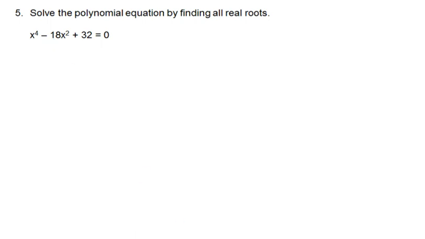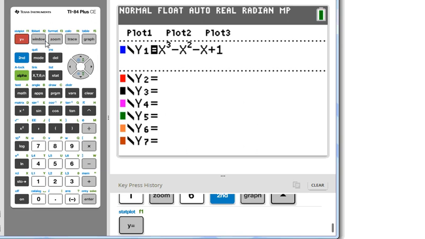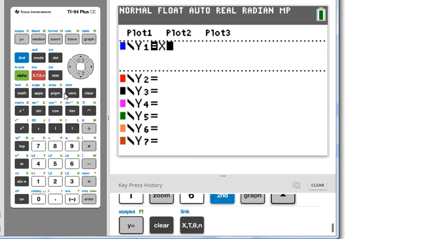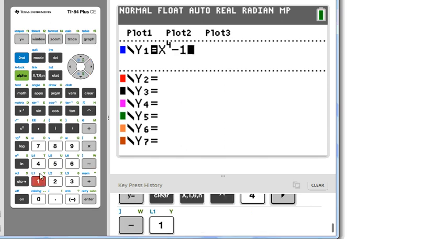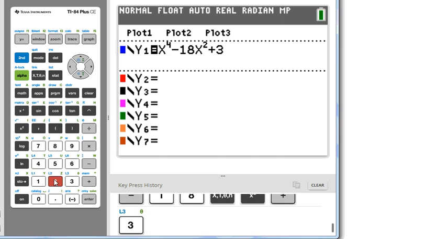So we put in our calculator x to the 4th power minus 18x squared plus 32.